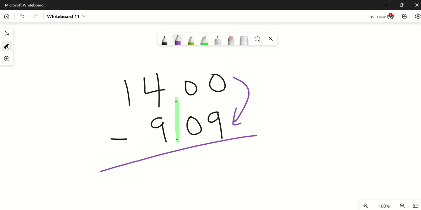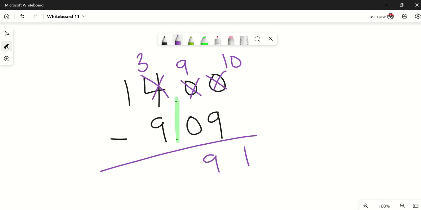0 minus 9 cannot happen. Borrow, but I can't borrow from this 0. Chain borrows. We're going to have to deal with doing that a lot. This will become a 3. This will become a 10, which will then become a 9. So I'm not going to do that. I'm just going to write 9, and this will become a 10. 10 minus 9 will be 1. 9 minus 0 will become 9. This decimal will come down. 3 minus 9 cannot do.